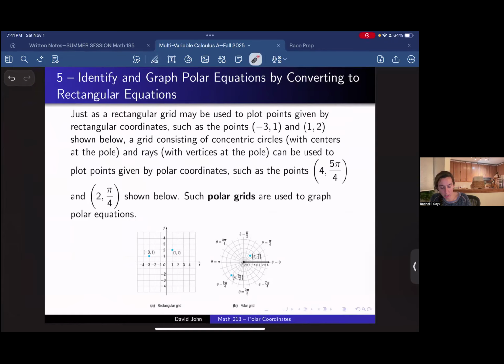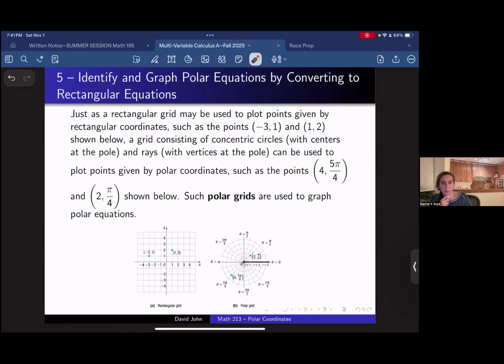And so this slide is just talking about how, just like we use our regular XY coordinate plane to graph our XY coordinate points on a very easily readable graph, we can do the same with plotting polar coordinates on a graph that contains those concentric circles so that we can easily plot what our radius is as well as our angle measure.